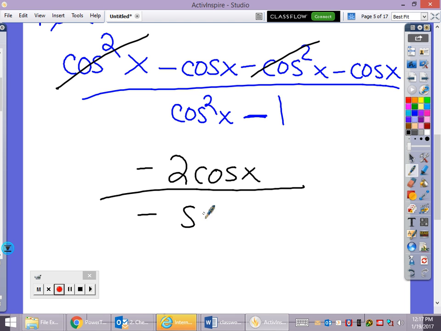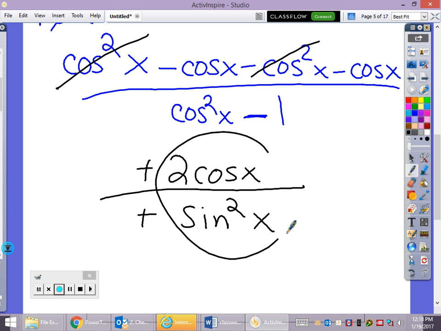It is negative sine squared x. Yes? 1 minus cosine squared is sine squared. I went backwards. I did the reflection. So it's negative sine squared. What happens to negative divided by negative? It cancels. That's my answer. Okay.